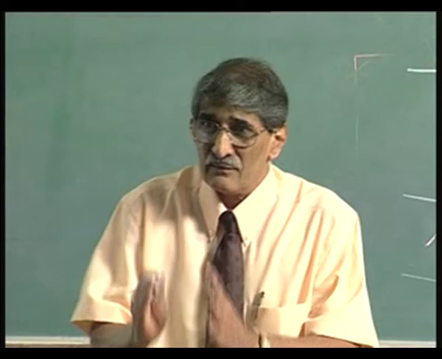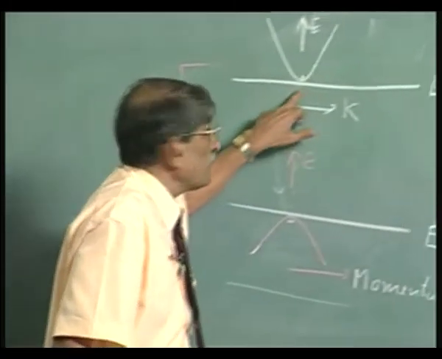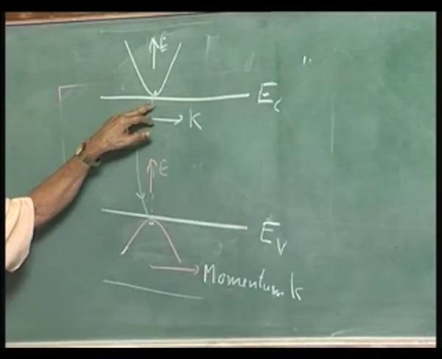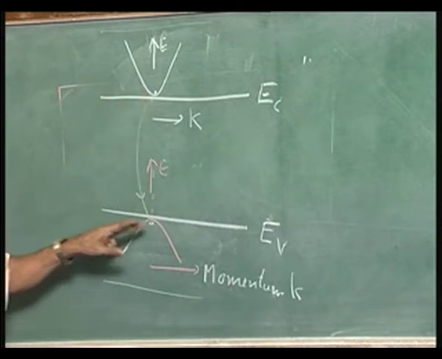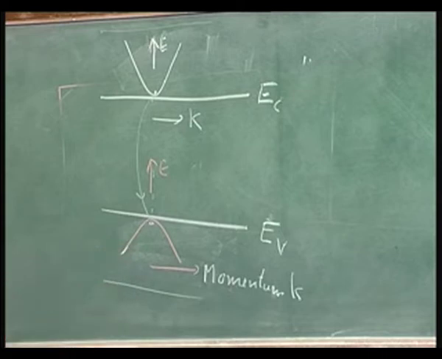That is why in cases where the minimum of the conduction band here is directly above the maximum of the valence band, such materials are called direct band gap materials. Okay?